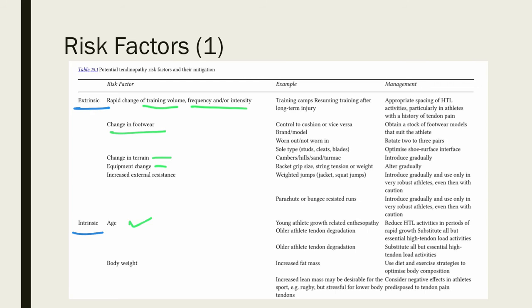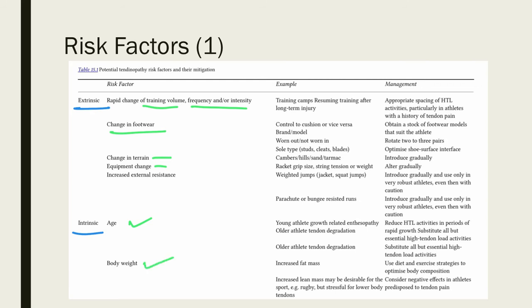So that can cause some irritation as well. We see that a lot with patellar tendons because there's a significant amount of strain placed on them when they are elongated during that growth period.